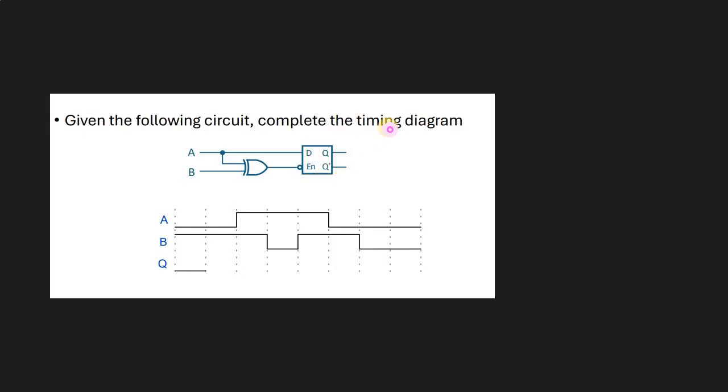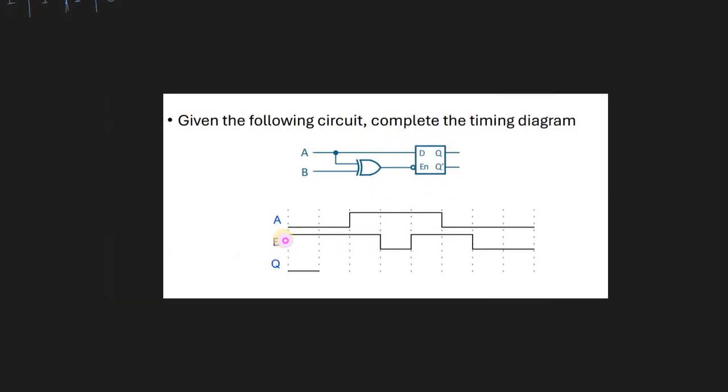Now, like I explained in my previous video for the enabler, if the enabler is equal to 1, the output is going to depend on whatever the D input is. But if it's equal to 0, it's going to hold the state it was previously in.